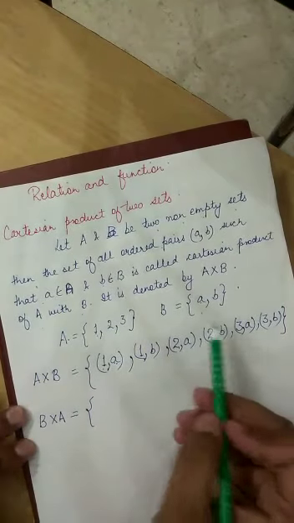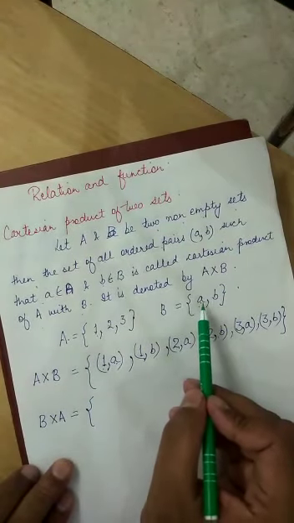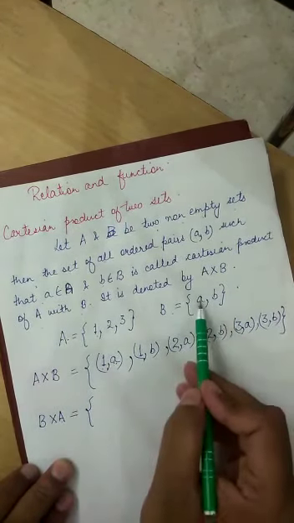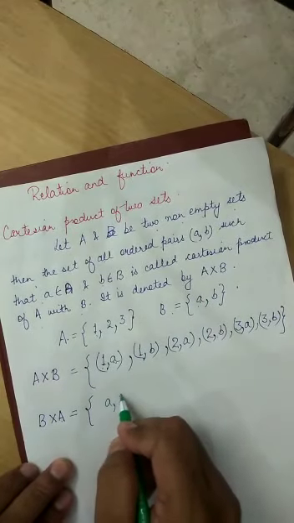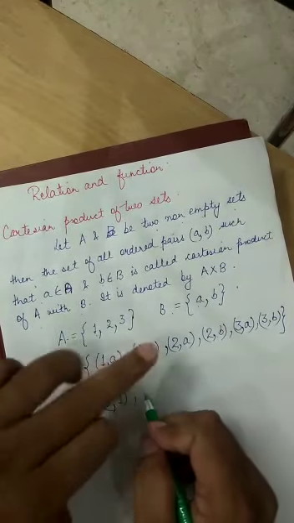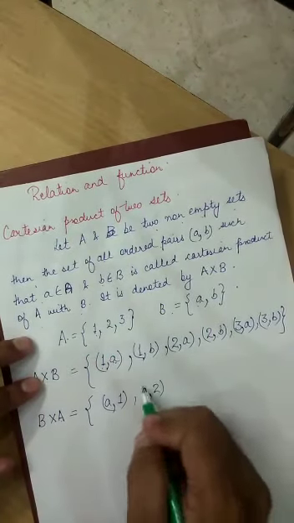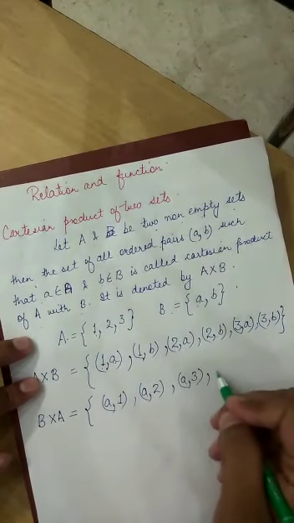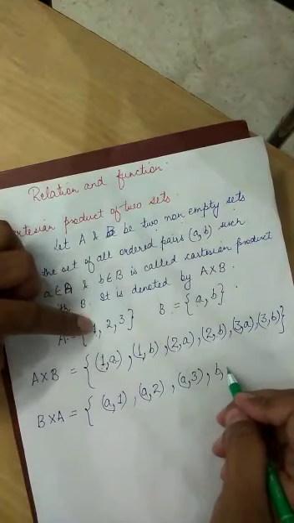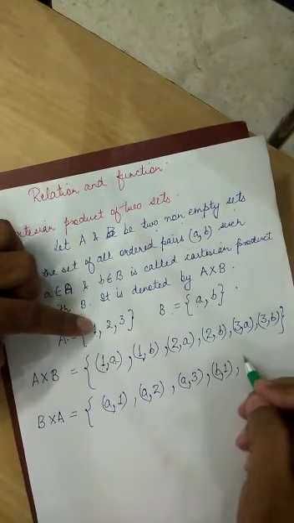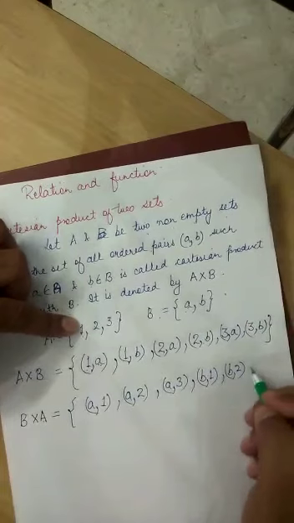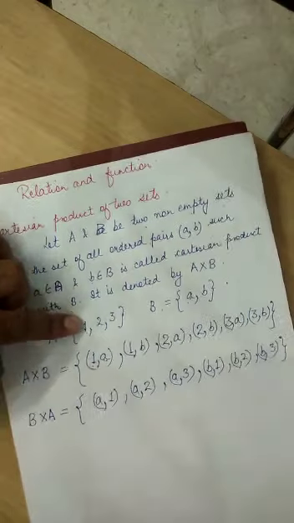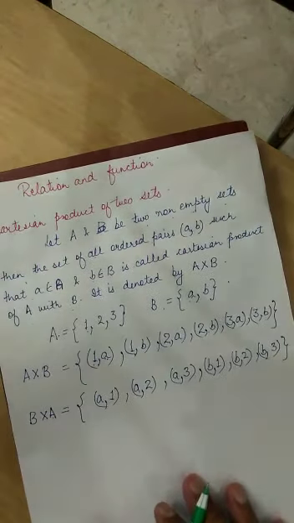Then we have to take the first set as set B and the second set as set A. So (a, 1), (a, 2), (a, 3), then (b, 1), (b, 2) and (b, 3). Is it clear, students?